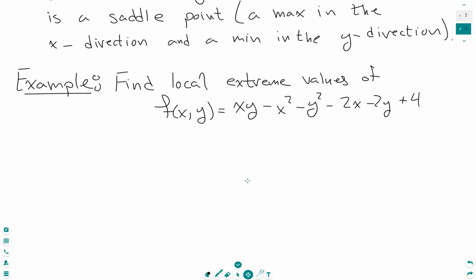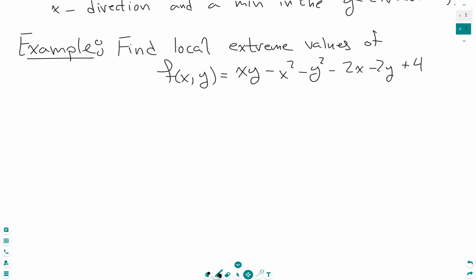Okay, so same thing as above. We're going to try to follow the same steps here. So first, let's go ahead and try to find all our critical points. To do so, we look at our derivatives.